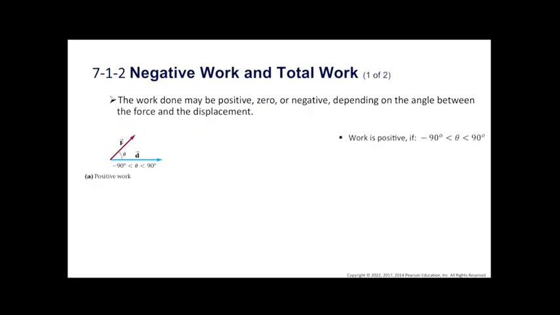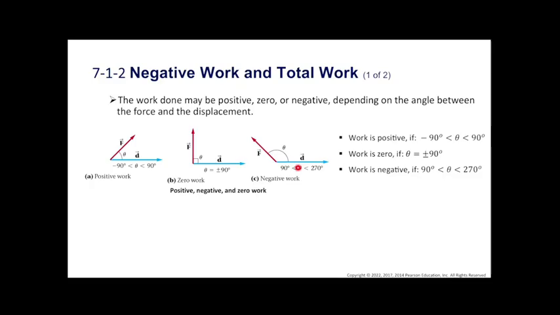And if the force has no component in the direction of motion, that is if theta is 90 degrees or negative 90 degrees, then the work is 0 because force is perpendicular to distance. And if the force has a component in the opposite direction of motion, which can happen, then in that case the work is negative. So work can be negative, 0 or positive.